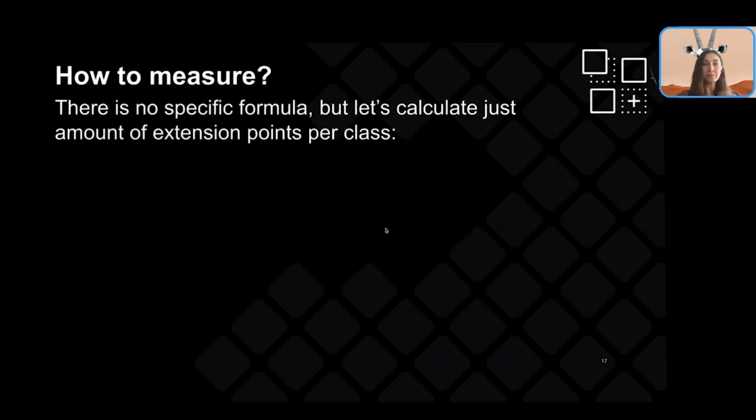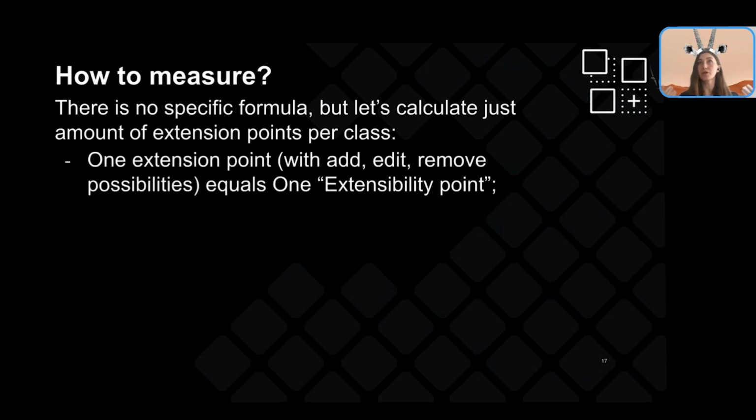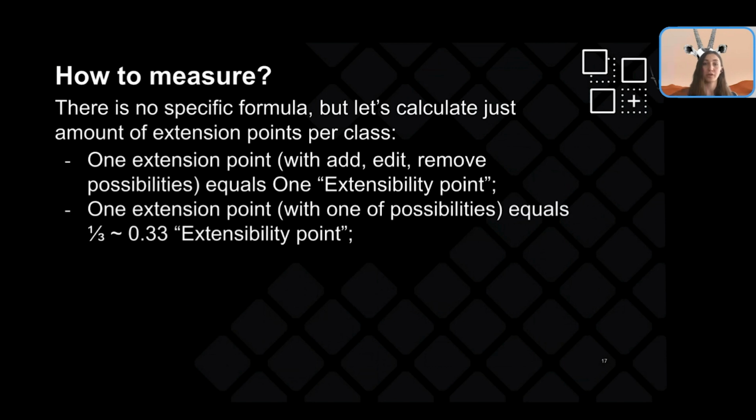So how can we measure the extensibility? There is no existing formula to measure extensibility, but I want my results to be measurable somehow. So for this game, I defined that one extension point where I can add, edit, or remove some possibilities equals one extensibility point.